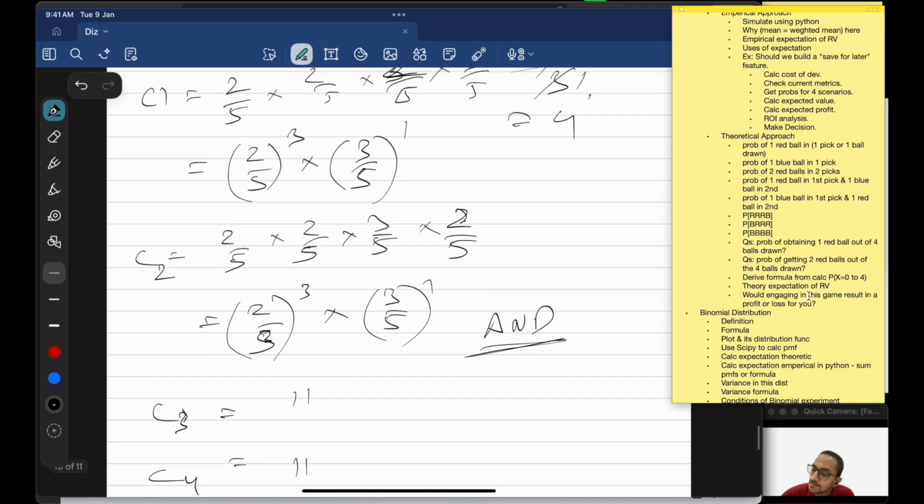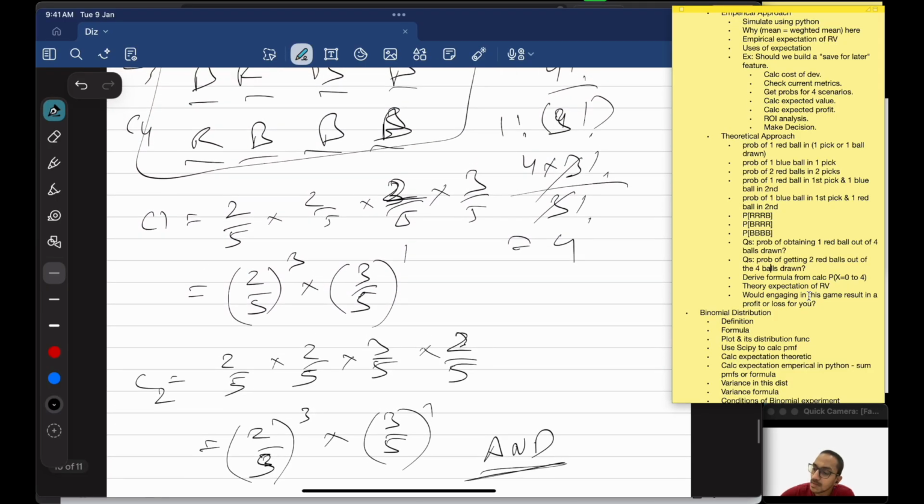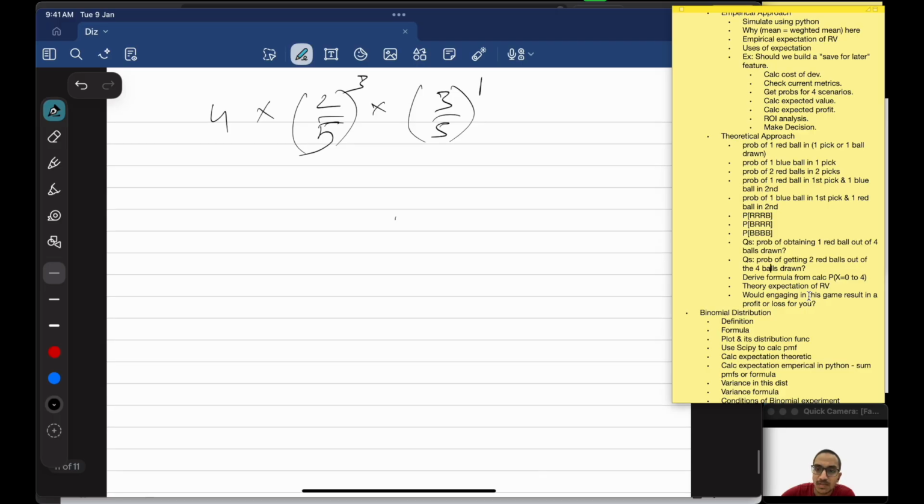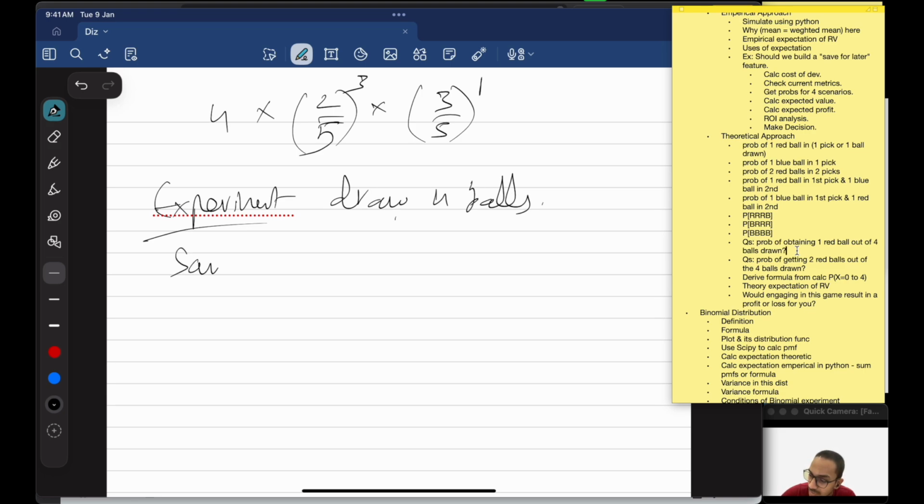But the question is asking probability of obtaining 1 red ball out of 4 balls. So what is the experiment here? The experiment is to draw 4 balls, right? So what will the sample space look like?